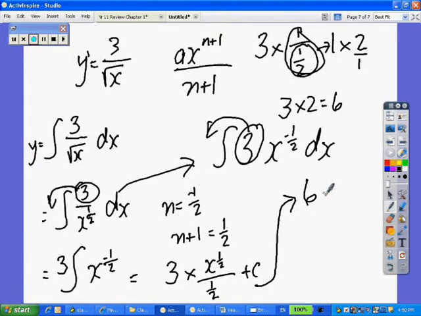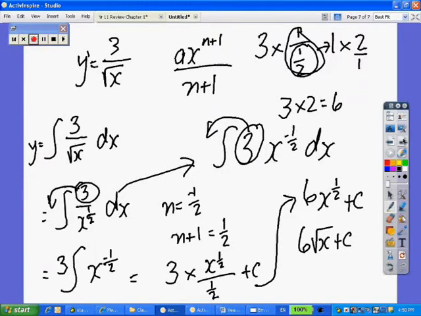And I still have my x to the half, and then I still have my plus c. If I just wanted to clean that up, I can say 6 square root of x plus c.